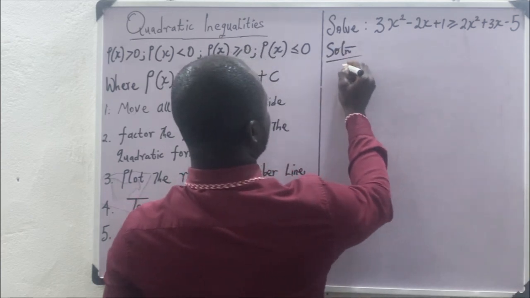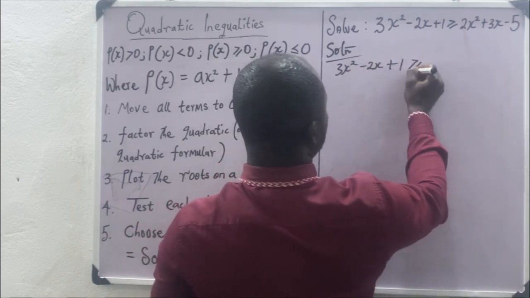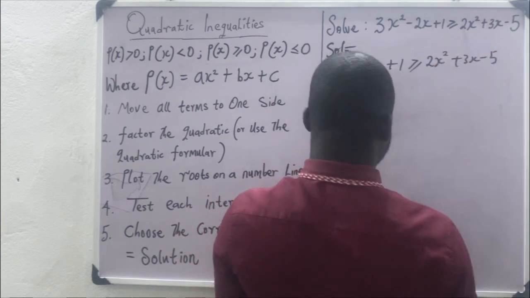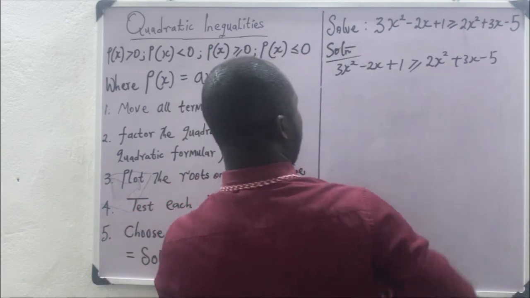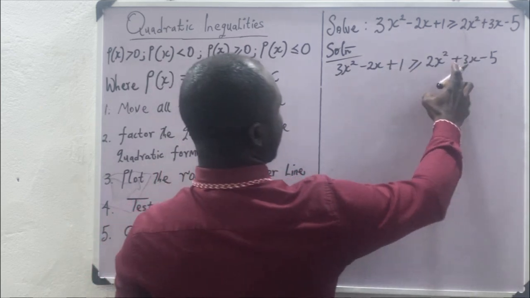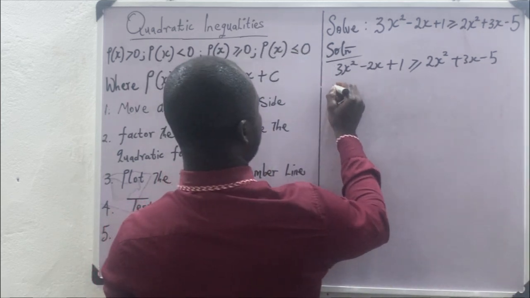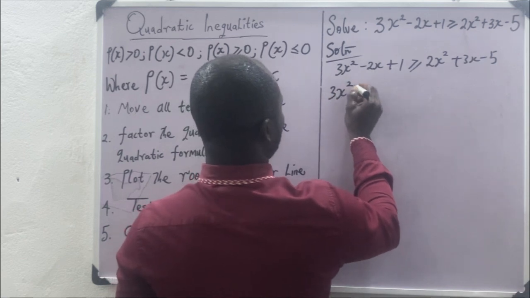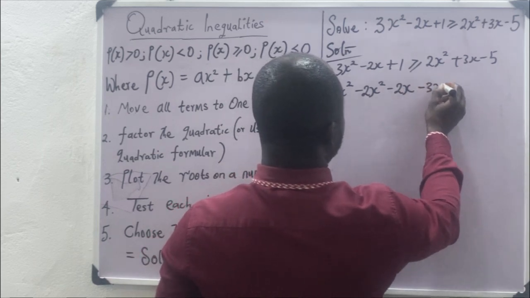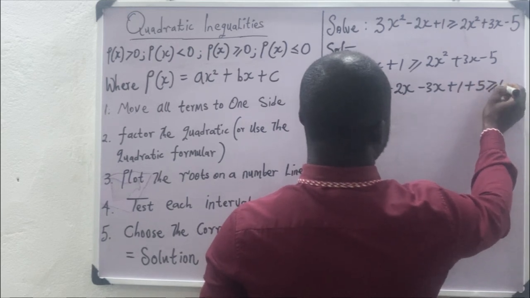So we have that 3x squared minus 2x plus 1 is greater or equal to 2x squared plus 3x minus 5. By moving all these terms to one side, that is by subtracting 2x squared from both sides, 3x from both sides, and adding 5 to both sides, we obtain 3x squared minus 2x squared minus 2x minus 3x plus 1 plus 5 is greater or equal to 0.